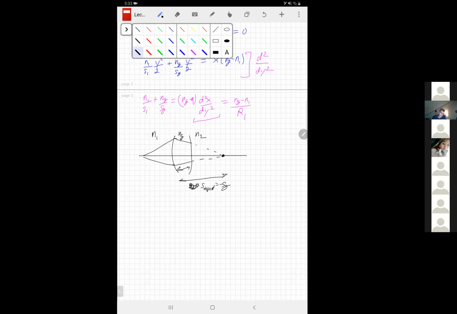Right? And so we could go through all of the same steps that we did again with just the following changes. One, replace S1 with minus SG. Replace N1 with NG.